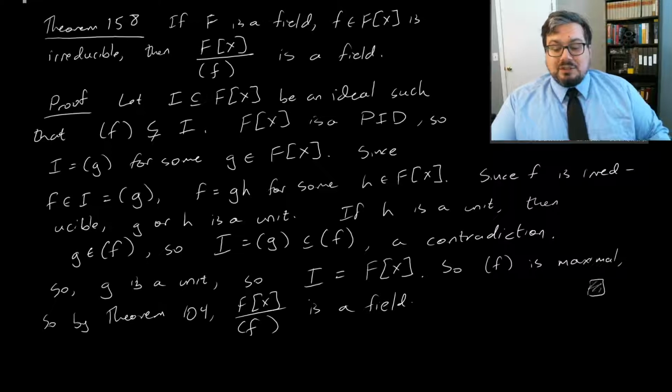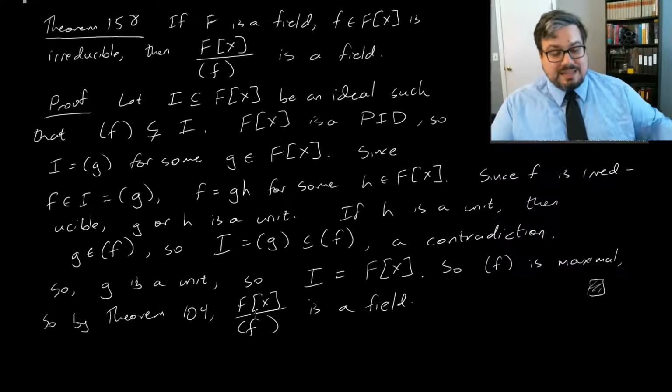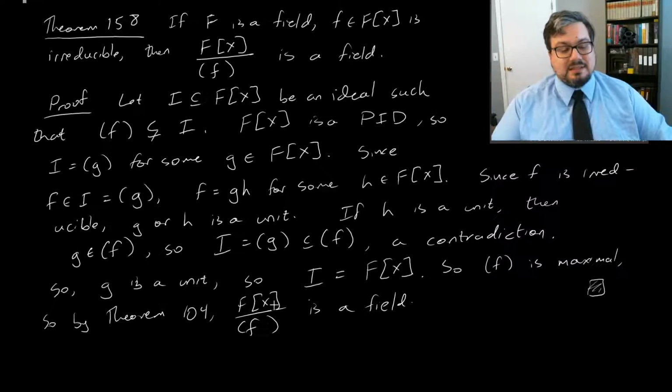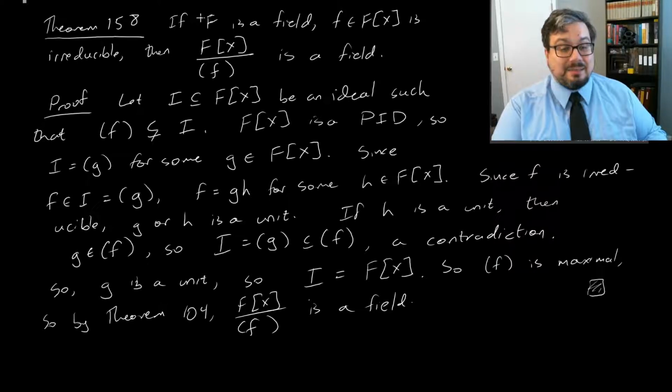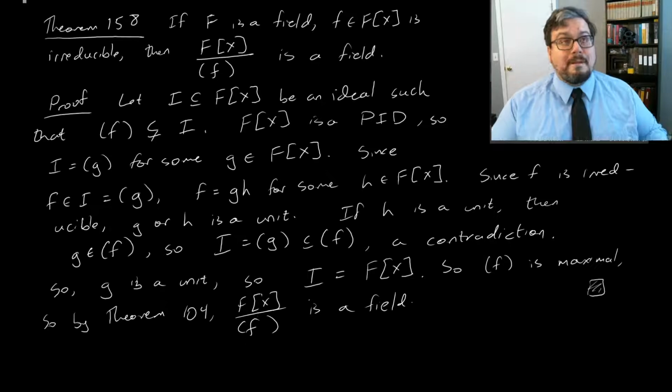Now, one of the ways we're going to use this is in noting that this field here is very naturally a field extension of the field F, under the map that will take an element of F and take it to the equivalence class with representative that constant polynomial inside this field. So this is going to be the extension field that we use to prove Theorem 157.